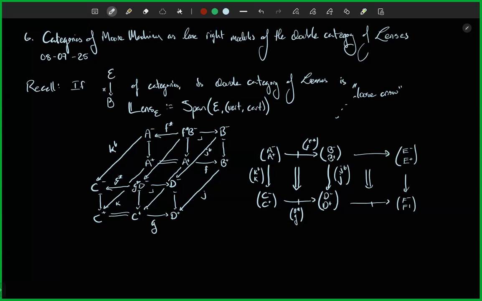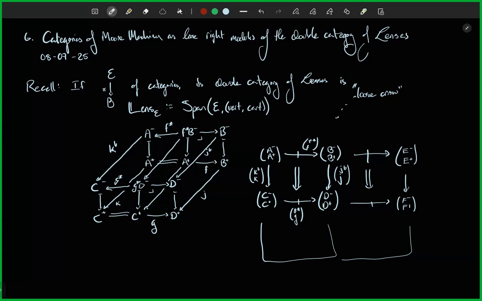We could compose them horizontally. We could also compose them vertically. And then we could do both, and it wouldn't matter which order we did them. These are important things. If I started writing these out in full, you'd see that the page would get very cluttered. But the point is that once we know we're in a double category, we can just work with these squares rather cleanly. We can paste them into square shapes or rectangular shapes, however we like.